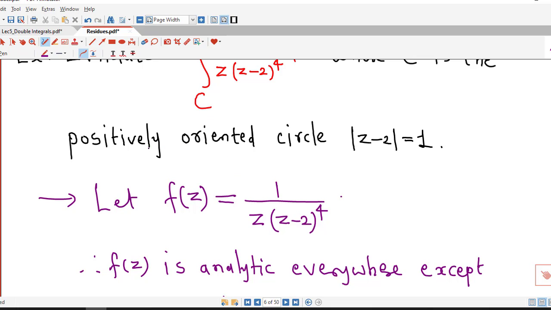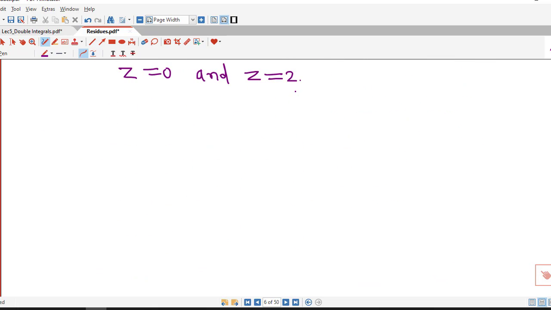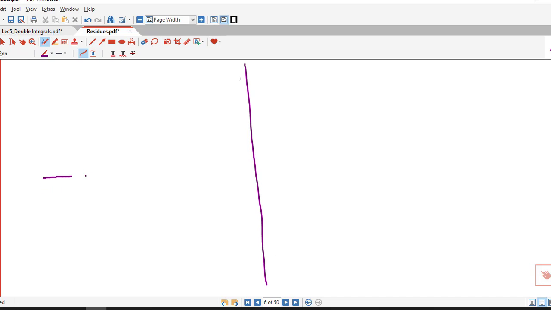Now here we have to evaluate the integral of this function along the positively oriented circle absolute value of z minus 2 equal to 1. So first we try to sketch this circle and the domains in which the function is analytic, and then we will select the particular domain in which the Laurent series expansion is valid.